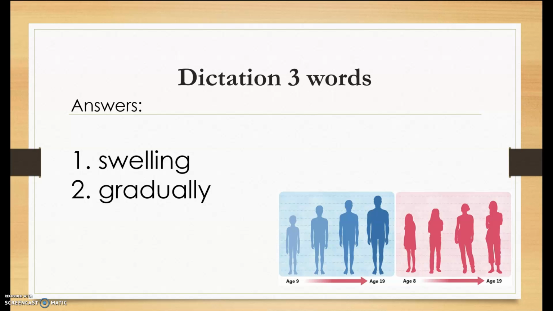Number 2, gradually. G-R-A-D-U-A-L-L-Y. Gradually. And number 3, adult. A-D-U-L-T. Adult. Very good.